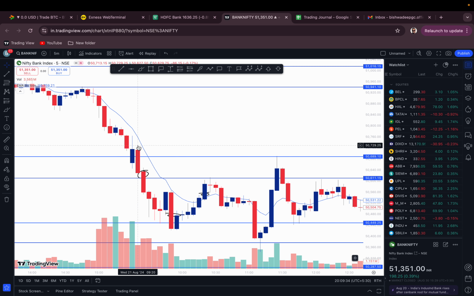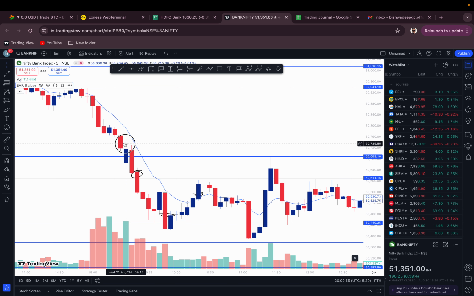That is why the pressure of sellers makes the candlestick form dodgy formations, with small bodies and long wicks. So that is why the sellers are coming in over here.